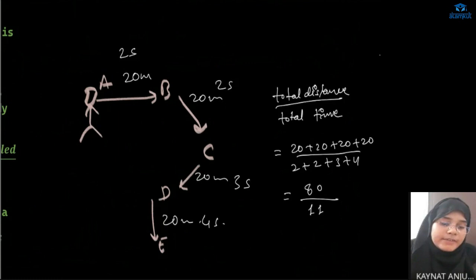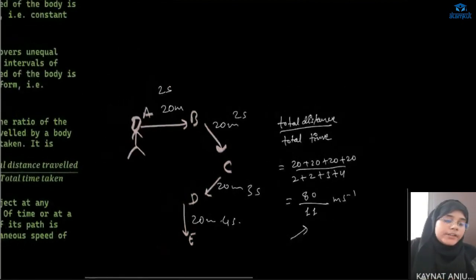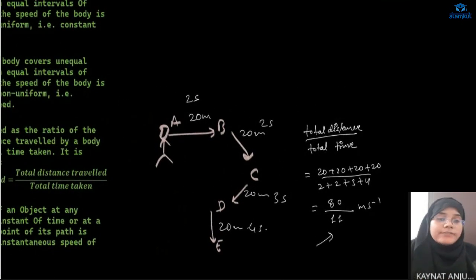So 80 by 11 meter per second. The unit of speed will always be in meter per second. So the final average speed of the body will be 80 by 11 meter per second. Fine, you can divide it and simplify it, and find the answer in decimal. Okay, so this is called the average speed.